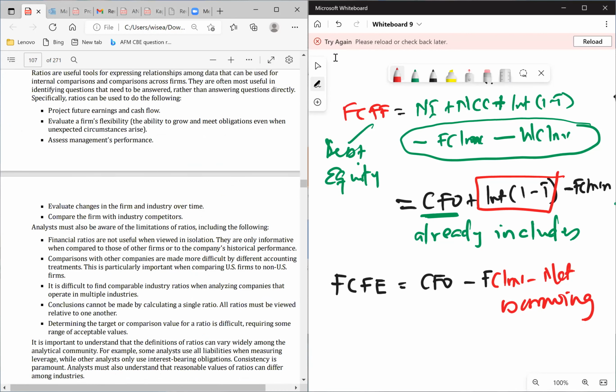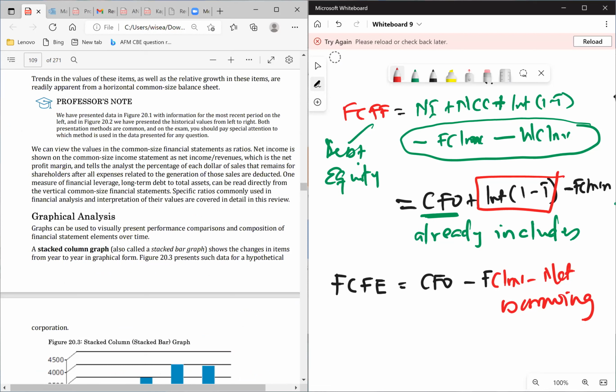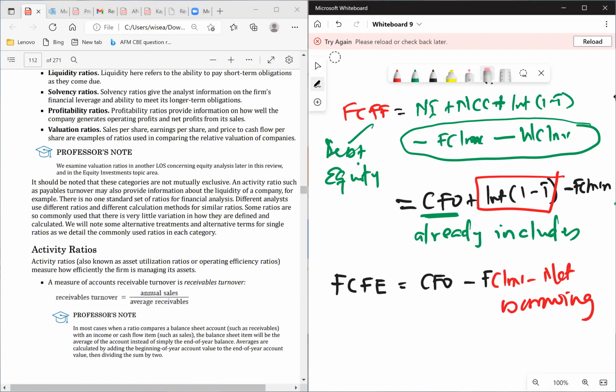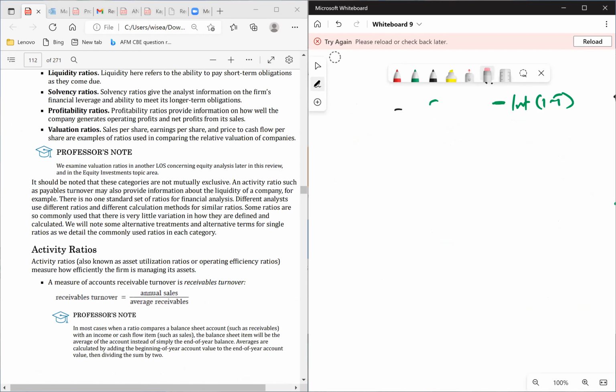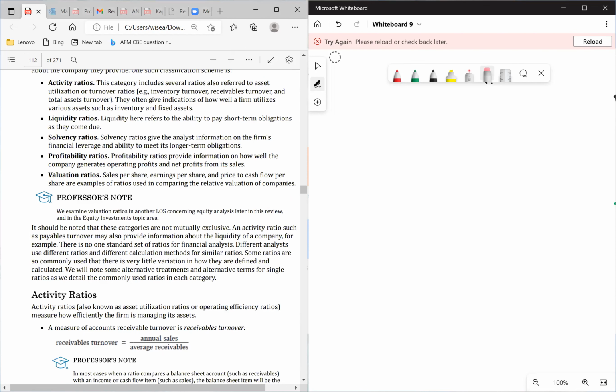For the financial ratios, all you need to know is the interpretation. Activity ratios denote management of what? The company's balance sheet efficiency. So activity ratios measure efficiency. Liquidity ratios measure how a company is able to pay its short-term obligations, while solvency ratios talk about how the company is likely to meet its long-term obligations.